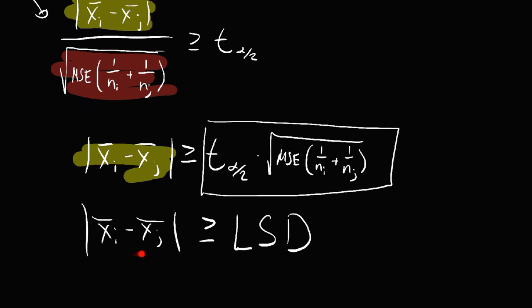And if the difference between the pair of means is bigger than the smallest significant difference, or the least significant difference, then the difference between the means is statistically significant. So pretty much we look at all the differences between all the pairs of means and compare it to this value and see, is it smaller, in which case it's not significant, or is it bigger? Is the difference large enough to be considered significantly different? Pretty darn cool.